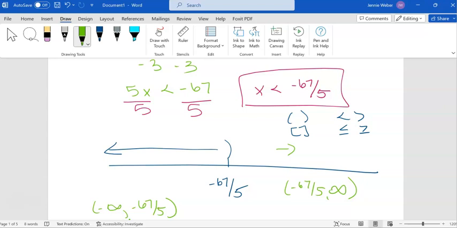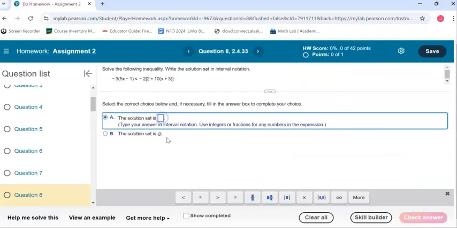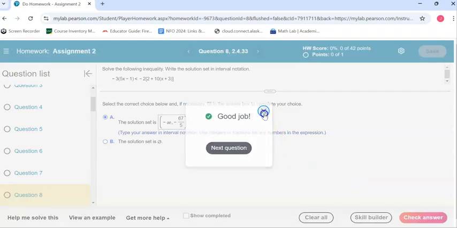So now I'm going to put this into my problem. I'm going to do my parenthesis, a negative sign and then infinity, and then negative 67/5. And that's my answer.